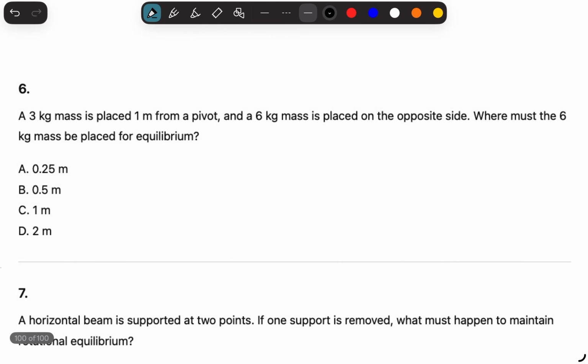A 3 kilogram mass is placed 1 meter from the pivot, and a 6 kilogram mass is placed on the opposite side. And we don't know where the 6 kilogram mass is.